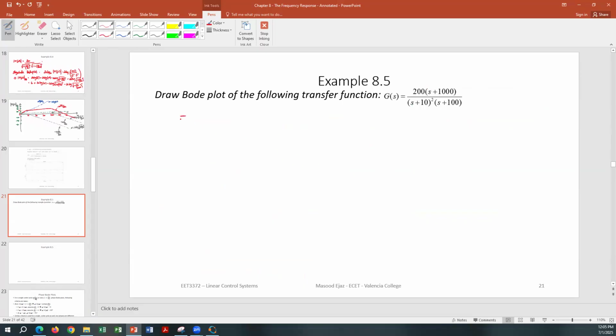Okay, the first thing that we are going to do is to write it down in terms of gain times zeros, 1 plus s over cutoff frequency, and so on. So let's write this down as 200 times 1000, and write the zero as s over 1000, because we have to write this as j omega over omega 1. S, of course, is going to be j omega.